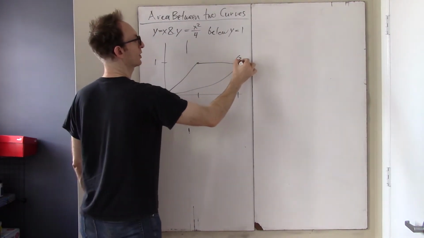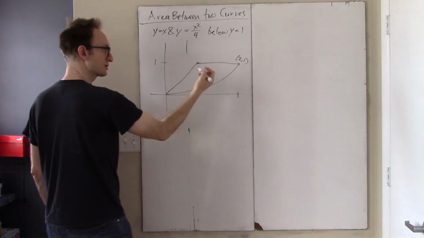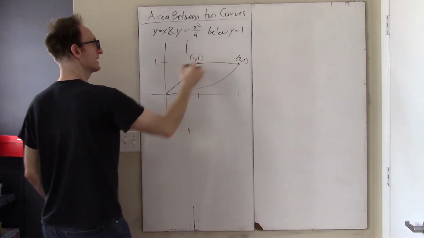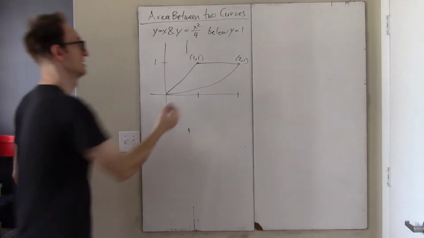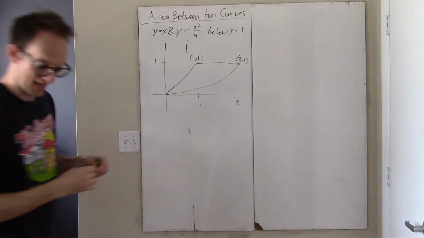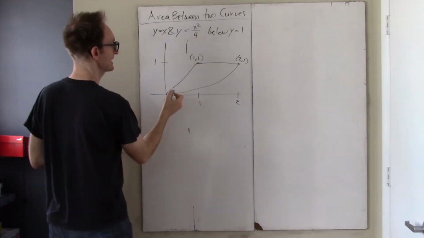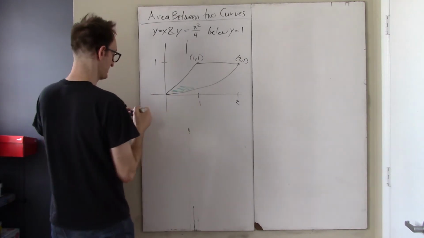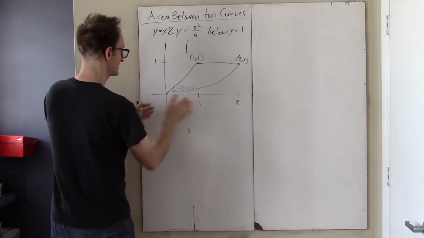Okay, so I think it is worth it. Sometimes people's pictures are so small that they can't tell what is going on. That's 1, that's 2, and I now have completely figured out that the region that I want is this one.